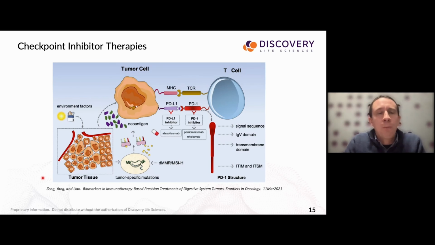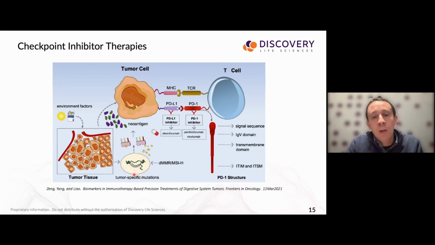The idea behind checkpoint inhibitor therapies relies on one of the fundamental principles of cancer, which is the acquisition of mutations. There are numerous factors, environmental and genetic, which allow for the acquisition of numerous mutations throughout the genome. This leads to the activation of oncogenes, the loss of tumor suppressors, and eventually transformation in cancer.